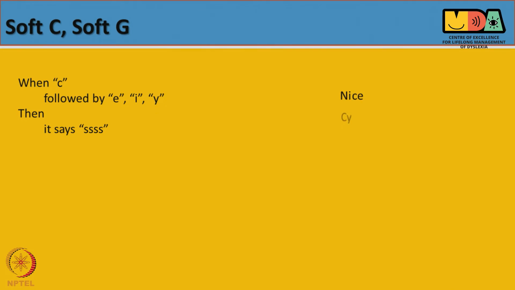Now, in the drop the E rule, when you have a word ending in CE or GE, or in other words, words with the soft C ending and the soft G ending, then you do not drop the E. Now, in order to do that, let us revise the rule that we have learnt about soft C and soft G. Soft C says S when C is followed by E, I or Y. So, we have words like nice, cyst, city.